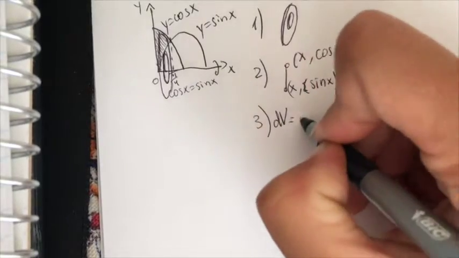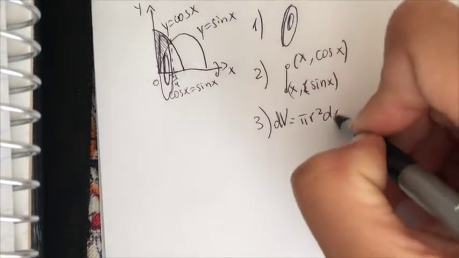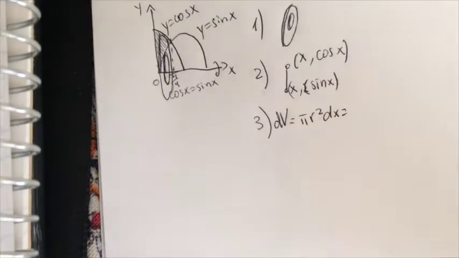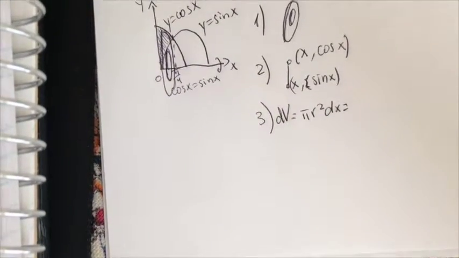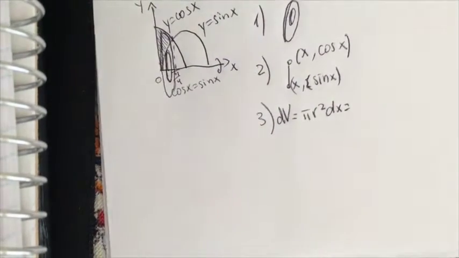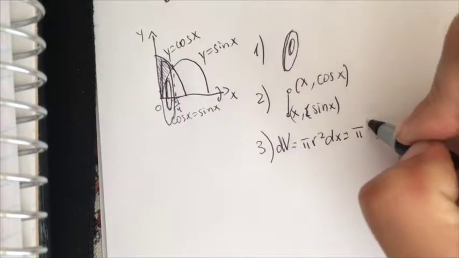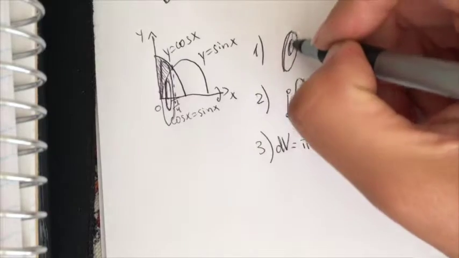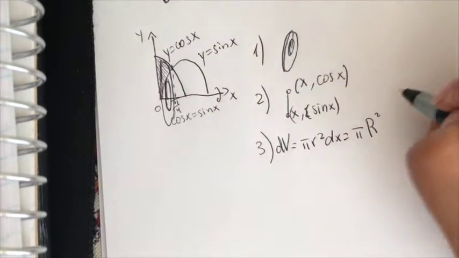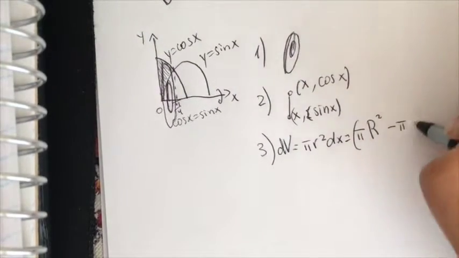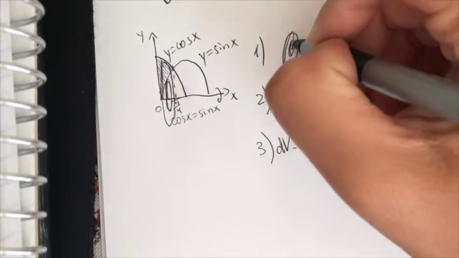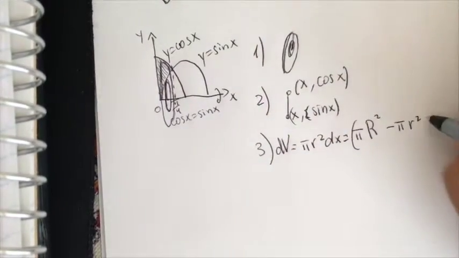Our dV equals pi r squared dx. However, this time, since we have two circles, a donut, we're going to make it pi big R, which is the radius of the bigger circle, squared, minus pi little r, the radius of the smaller circle, squared, dx.